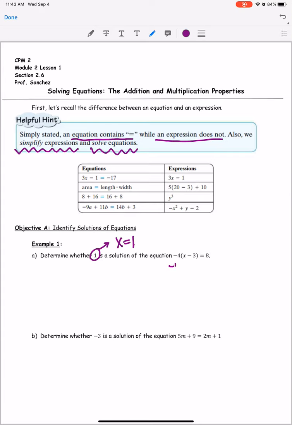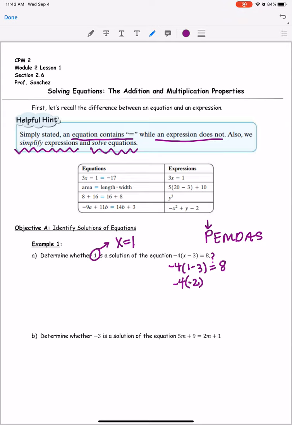So I've got -4 times my x, which is 1, minus 3. And we're trying to figure out, does that equal 8? So, order of operations. That is your Please Excuse My Dear Aunt Sally. We have some parentheses. So, 1 minus 3 is -2.